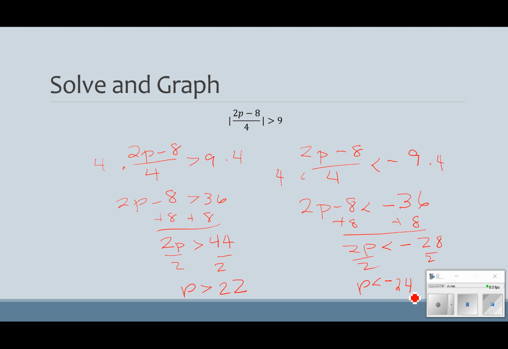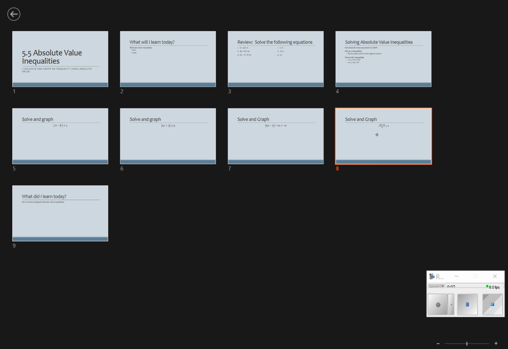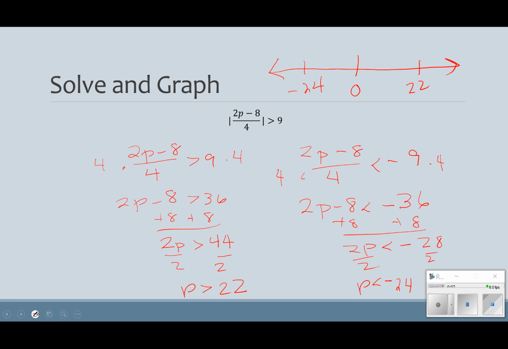So here it's greater than, so it's going to set up an OR situation. So if I have 0, I'm going to have, we'll say 22 here, and negative 14 here. I'm going to have an open circle on 22, and it's greater than 22, so my arrow is going to go to the right.